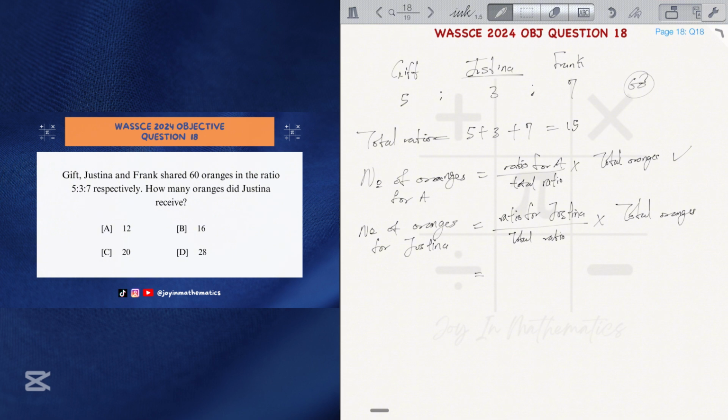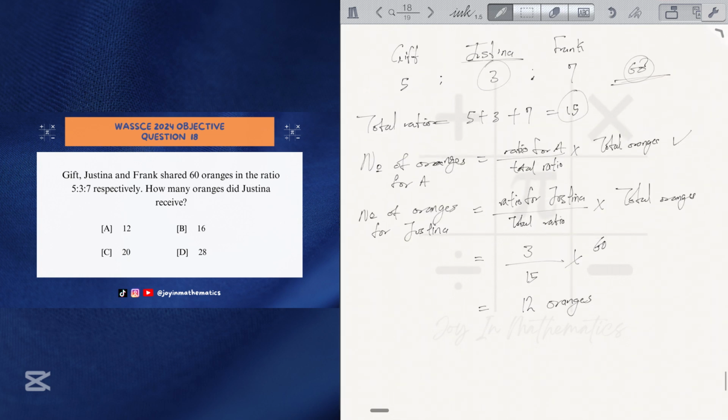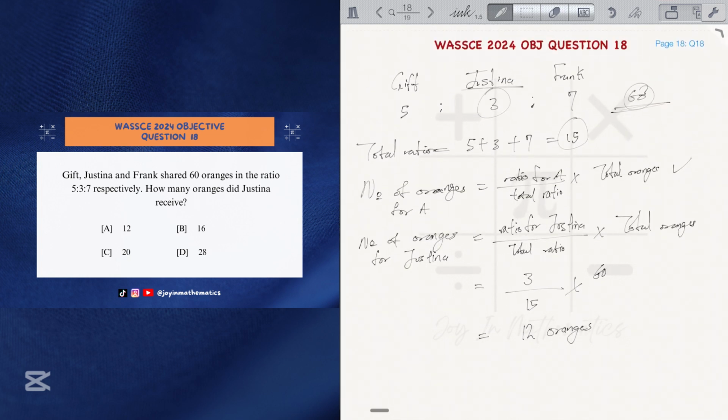The ratio for Justina is 3, the total ratio is 15, the total oranges in the question is 60. So therefore we have 3 divided by 15 multiplied by 60. If we simplify this, we will have 12 oranges. You can use the calculator or you can simplify normally, and this will be equated to option A.